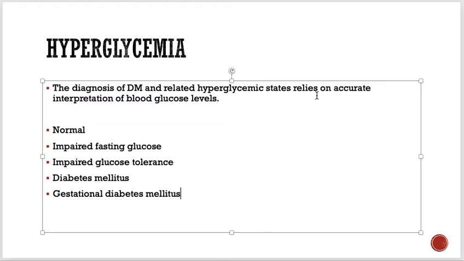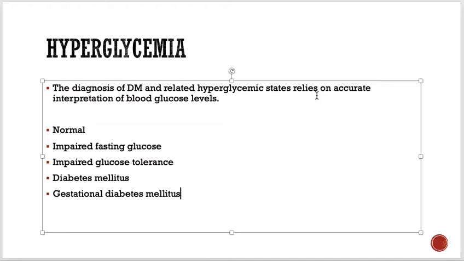And as I told you, maybe many of you know what diabetes mellitus is and what the normal things are. But many of you maybe don't know what impaired glucose tolerance is, or what impaired fasting glucose is, and what gestational diabetes mellitus is, right?